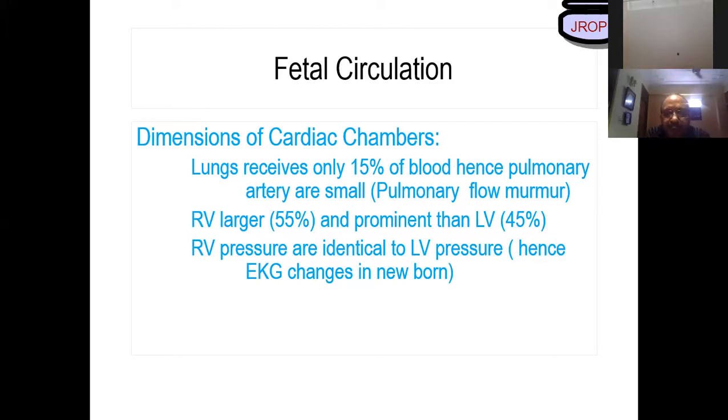The best example I often give is when a lot of rain happens on the rooftop and the draining pipe starts making a noise as the water is rushing or gushing into that draining pipe. The same thing happens. You hear a sound, which we call a murmur in pulmonic flow, which disappears over a period of time because those pulmonic arteries get adjusted to the large amount of flow and relatively become bigger in size.